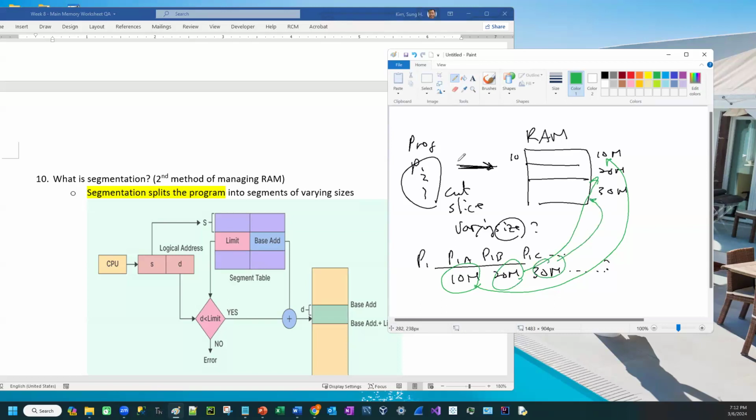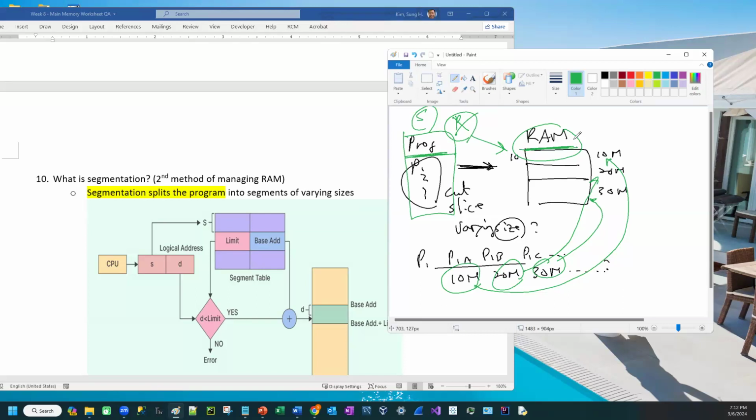So the idea of the segmentation is to split the process to fit the RAM size. Of course, it's a little more complicated than what I just told you. We're kind of adjusting the processes to fit the RAM.